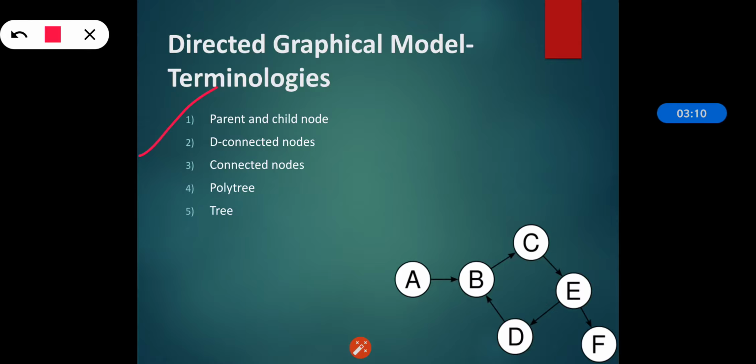When it is going out to another node, it is called the parent node, and when it is coming in, it is called the child node. In this particular section we can say that C is the parent node as it is connecting various nodes, whereas D and F are the child nodes because they do not have any connection below them.